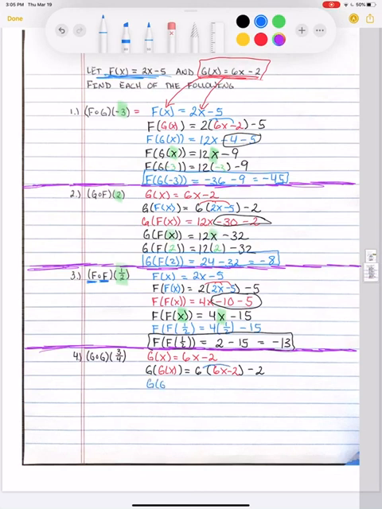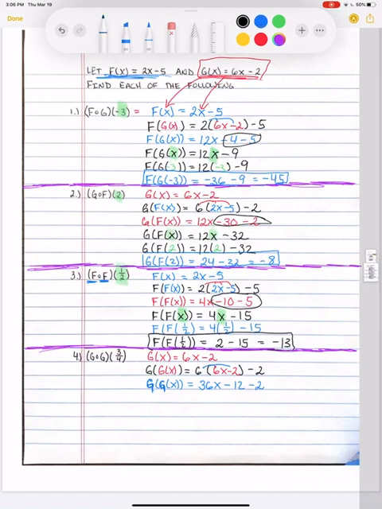G of x equals 6 times 6 is 36. Again, I'm just going to make my g's look like g's because it's throwing me off, so maybe it threw you off too, I don't know. 6 times 6 is 36. 36x minus 6 times 2 is 12 minus 2.